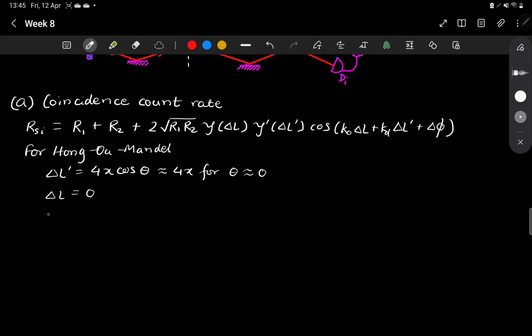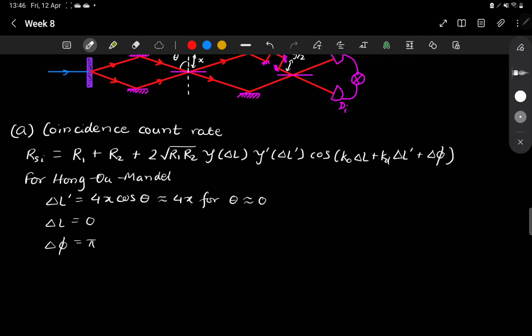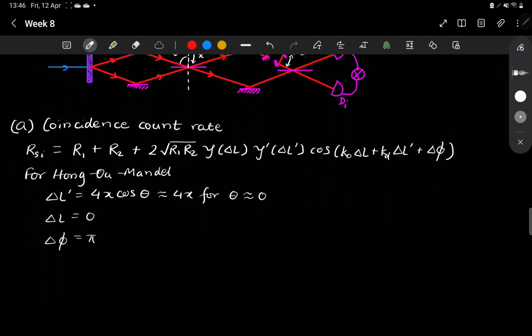Delta L is 0 and delta phi is equal to pi. And how we get that is, let us draw the unfolded paths over here.